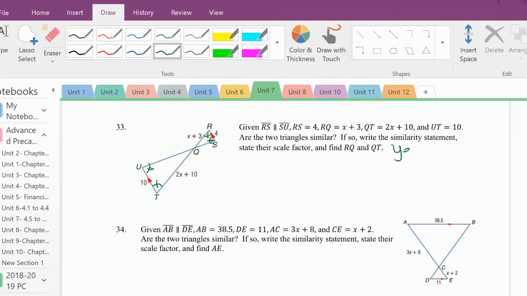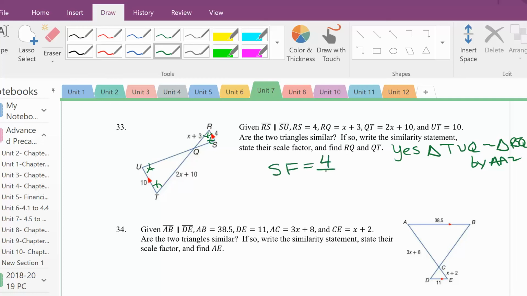So yes, triangle TUQ would be similar to triangle RSQ by angle-angle similarity.